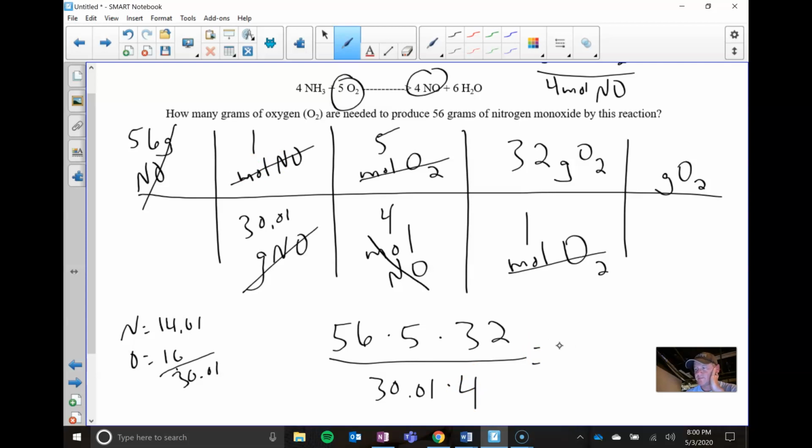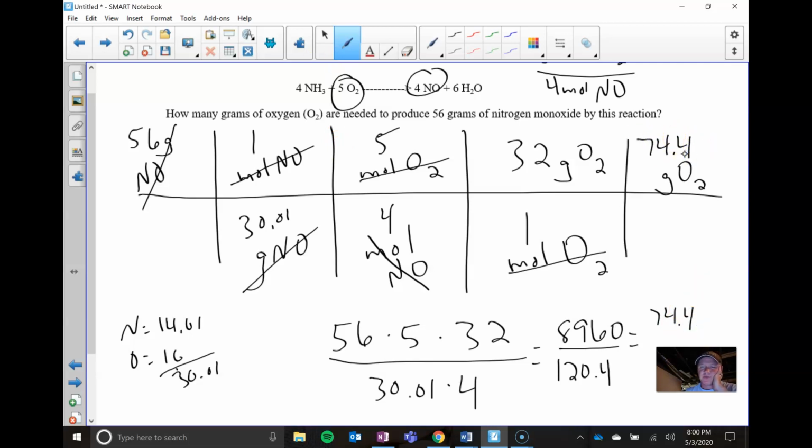Let's see what we get. 56 times 5 times 32, I got 8,960 on top, and then multiply across the bottom. 30.01 times 4, 120.4. So now we divide the top by the bottom. So 8,960 divided by 120.4, and I got about 74.4 grams.